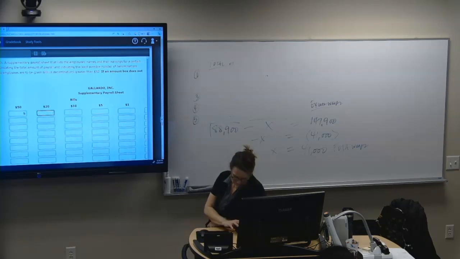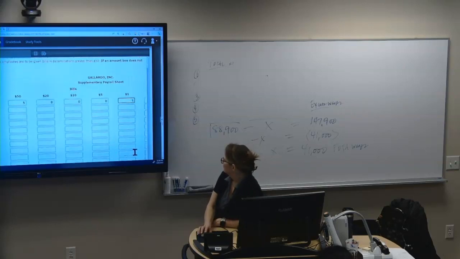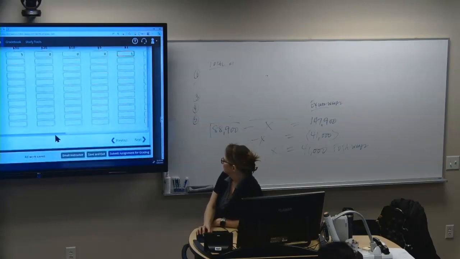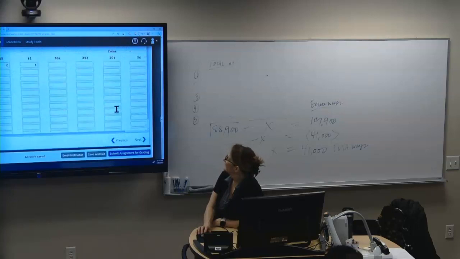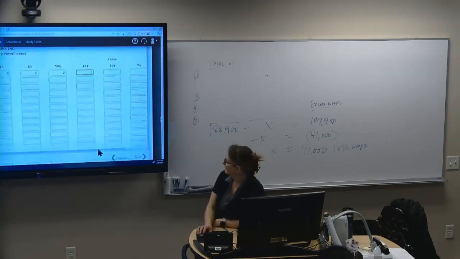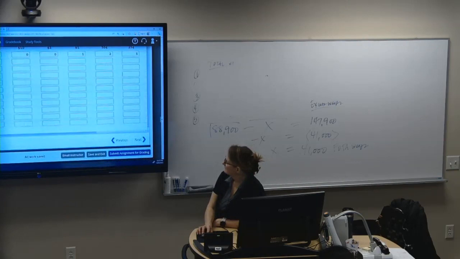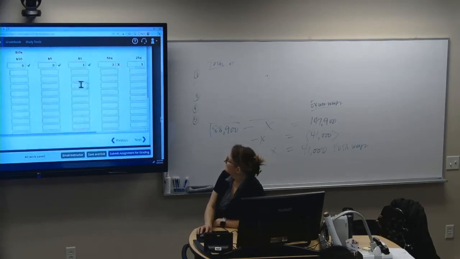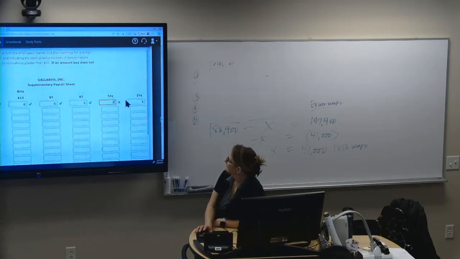20s? 0. 0. 0. 1. Oh, yeah, so I think I can do the rest. Okay, 50. Oh, we're doing 50-cent coins? So it doesn't want 50-cent coins.